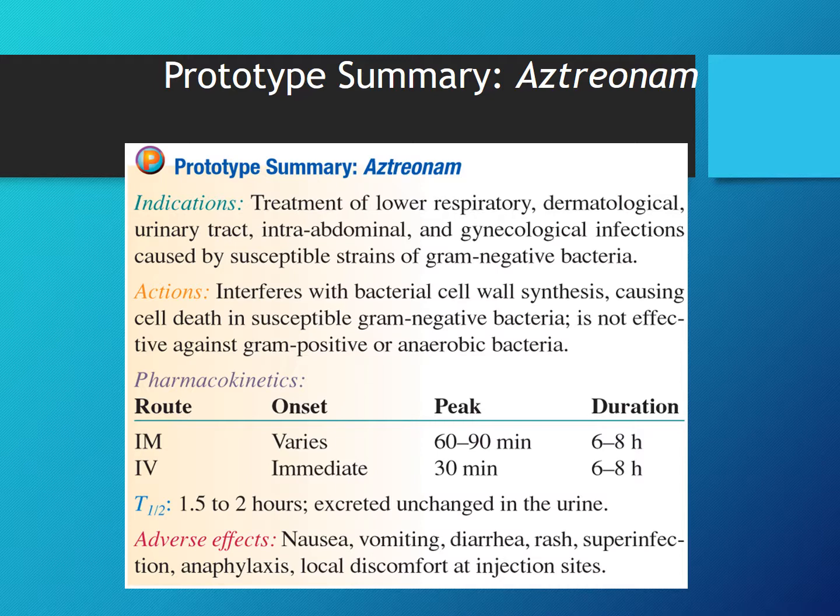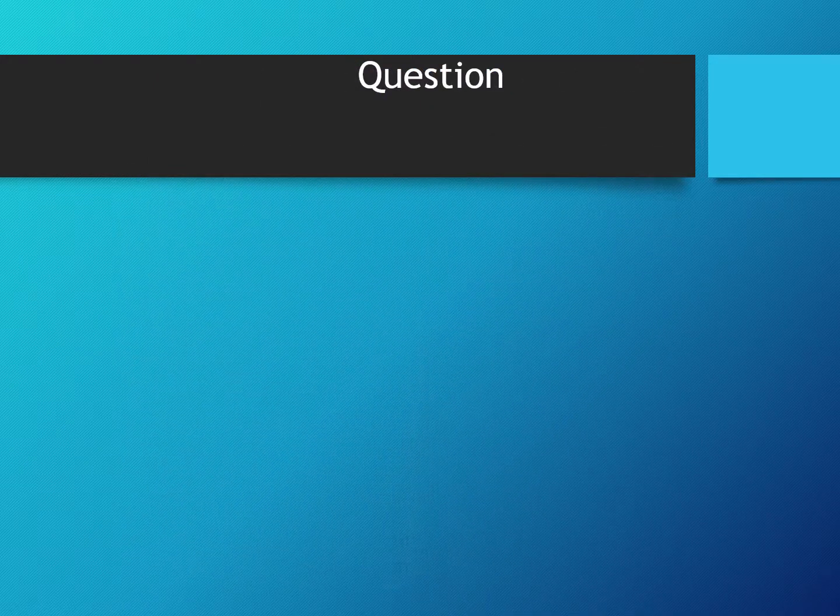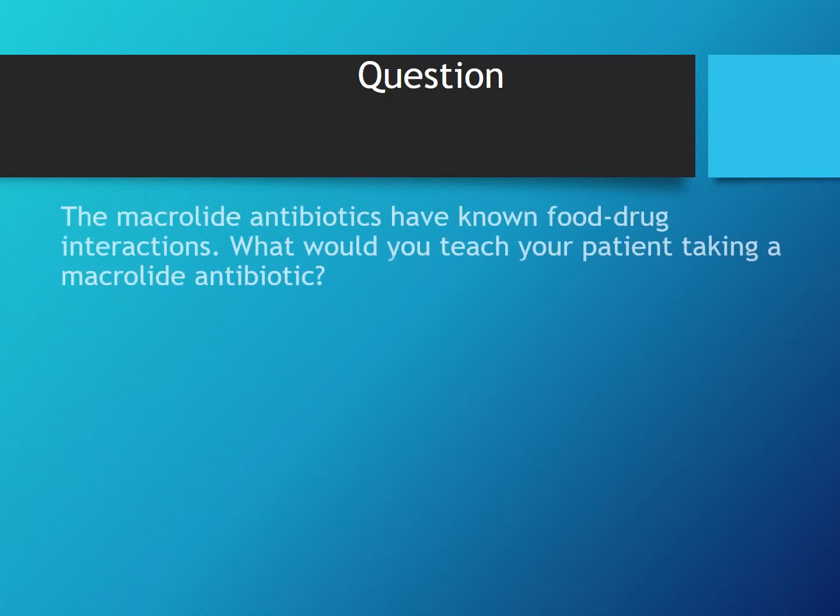So, lower respiratory tract, skin infections, urinary tract, gynecological infections, given IM or IV. And you can see, the most serious thing, of course, is anaphylaxis, but also superinfections and local discomfort at injection sites. So let's look at a question, kind of ending this presentation.